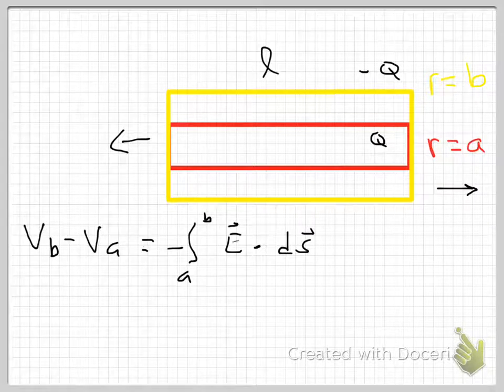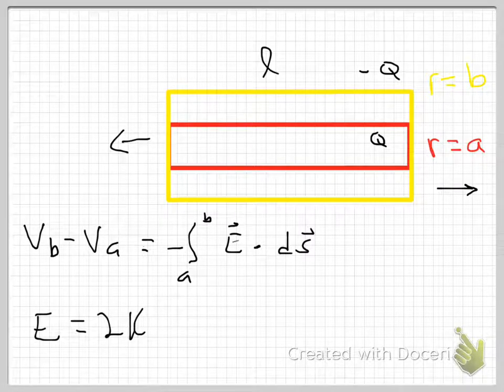We actually know this from previous results when we did Gauss's law for a line of charge, which is just a cylindrical conductor if you really think about it. Even if it's a line, if you zoom in close enough, it's probably going to be a cylinder. What we found was 2k lambda over r, where lambda is the linear charge density.